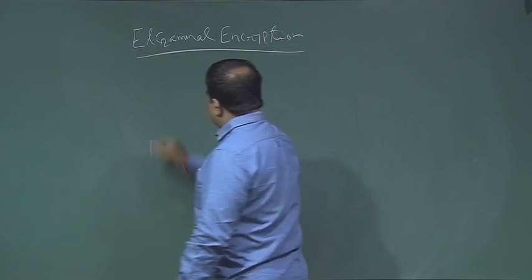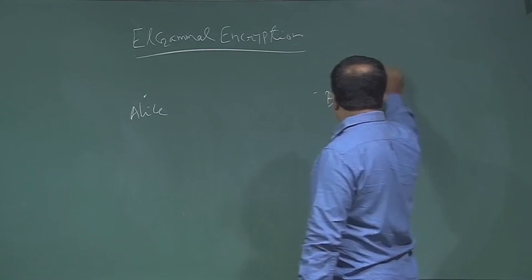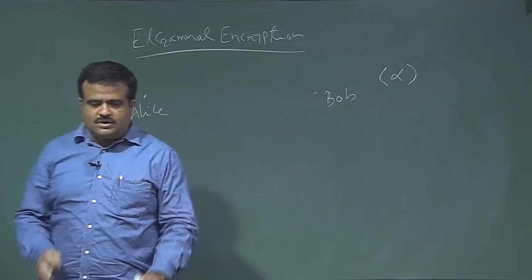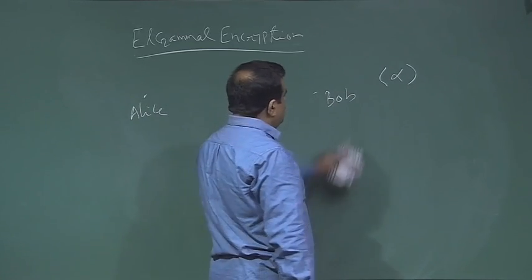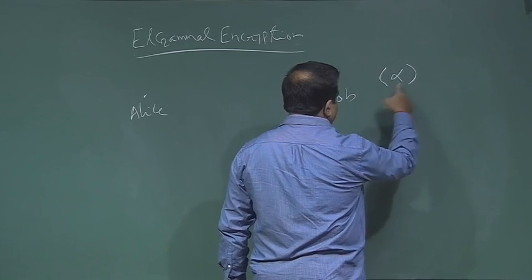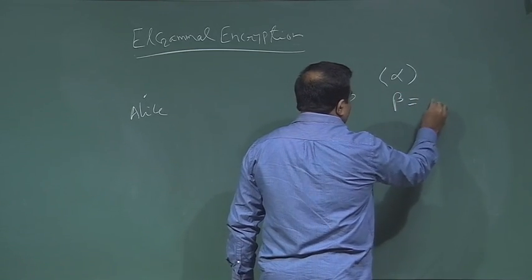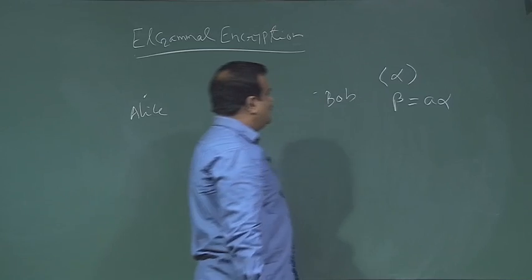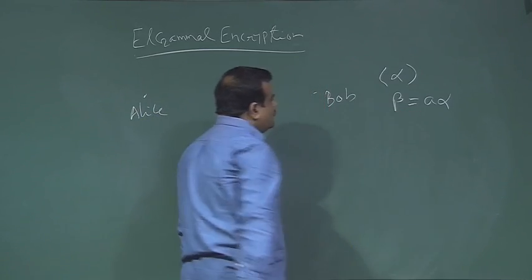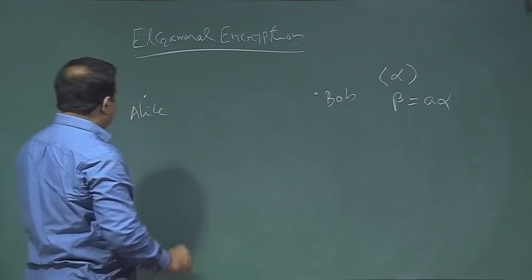In the Elgamal encryption scheme, for key generation we have a group. Here we are taking an additive group because we want the plus operation. So we take an additive group, a secret key a, and alpha is the generator of that group, and we choose beta, which is a times alpha, and this beta is the public key of Bob. And then what is the encryption?